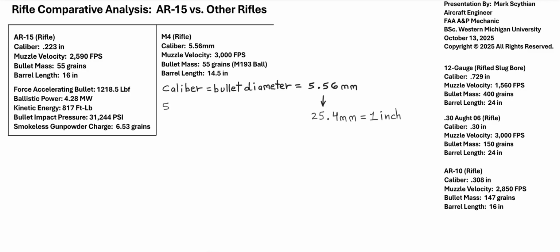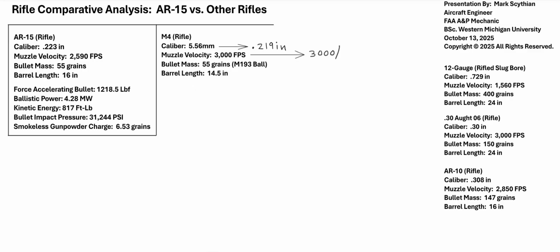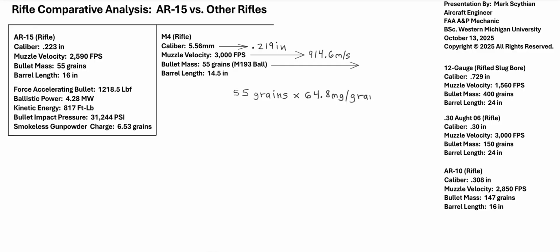So in this case, we're dealing with the M4 next, and the metric NATO 5.56 millimeters. So we know there's 25.4 millimeters to an inch, in this case in diameter. So the 5.56 is actually 0.219 inch caliber if we convert it to the US system of measure. And so the muzzle velocity, we calculate that value, and then the bullet mass, 55 grains, is converted into its kilogram mass value.